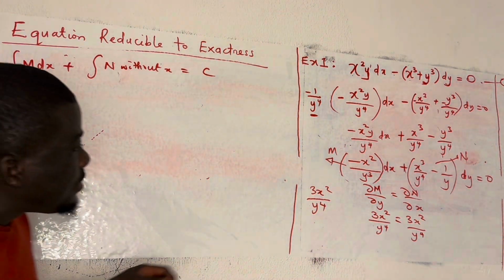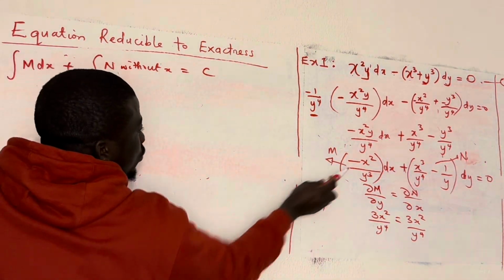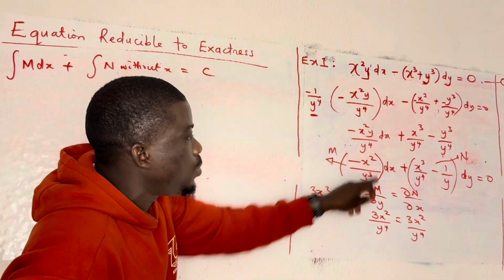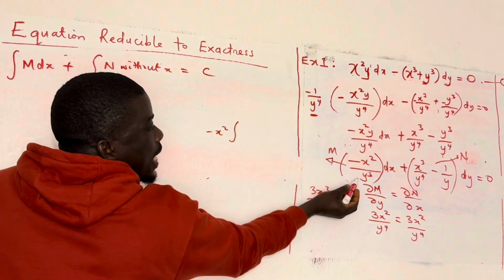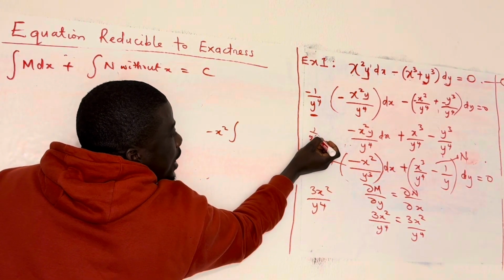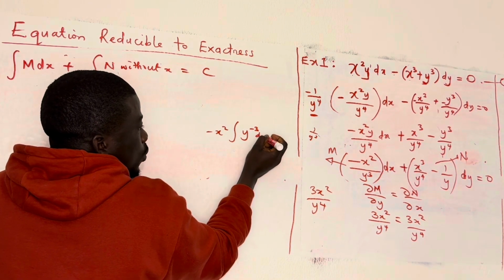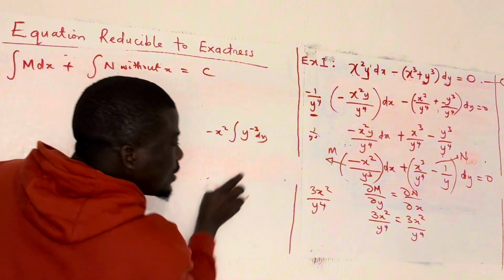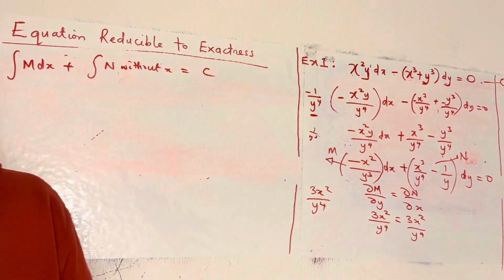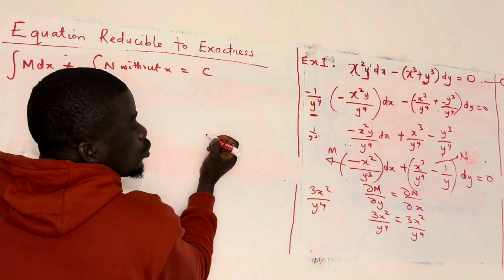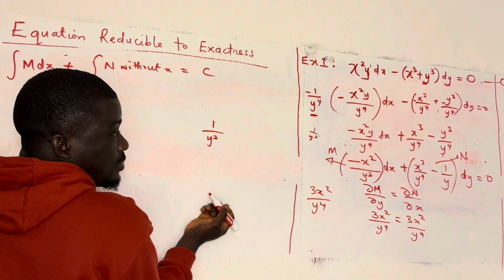Now let us integrate this with respect to x. If we are integrating with respect to x, we know our minus 1 over y cubed, the same thing as y raised to power minus 3, will be a constant.